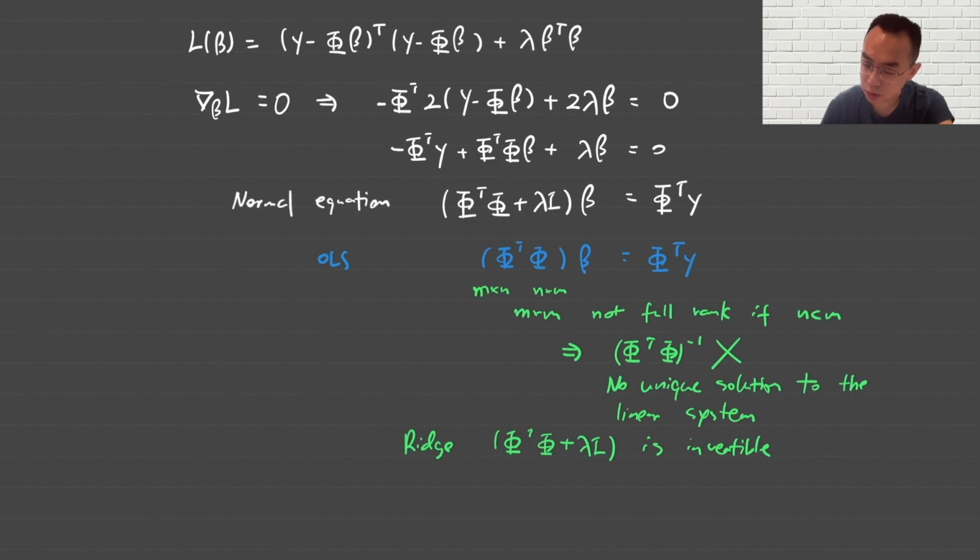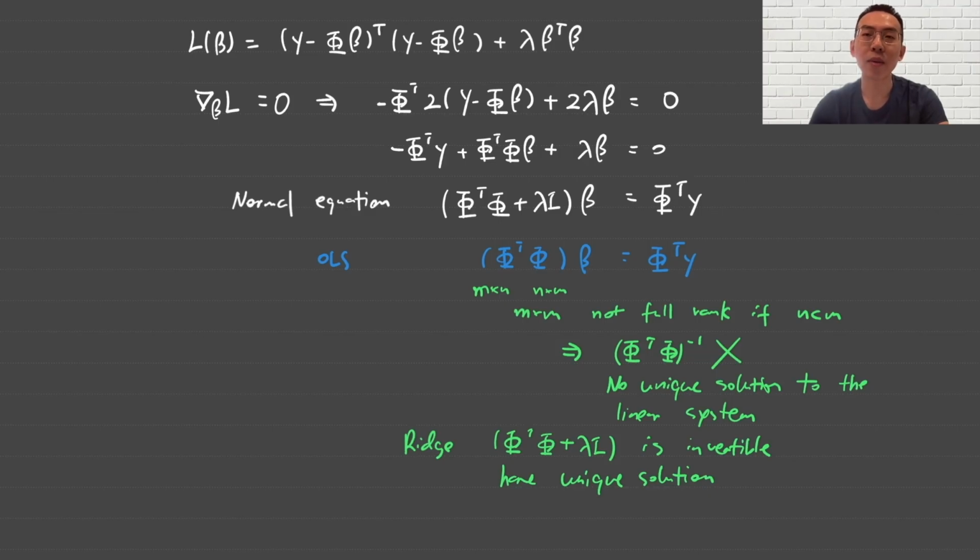That means ridge always has a unique solution. So that is one of the main motivations for people to invent ridge regression: they can always have one unique solution when there are more features than data points.